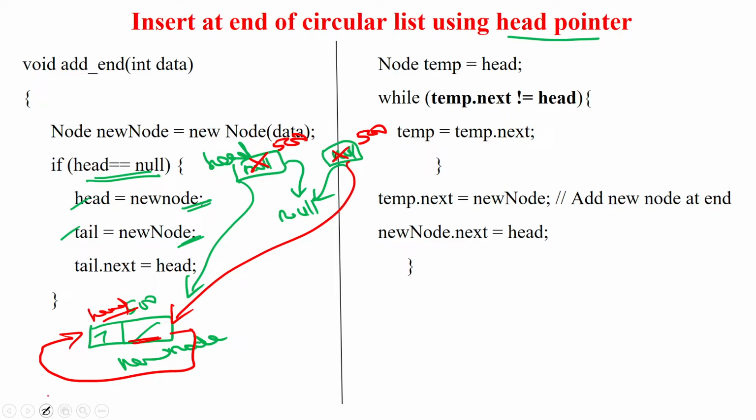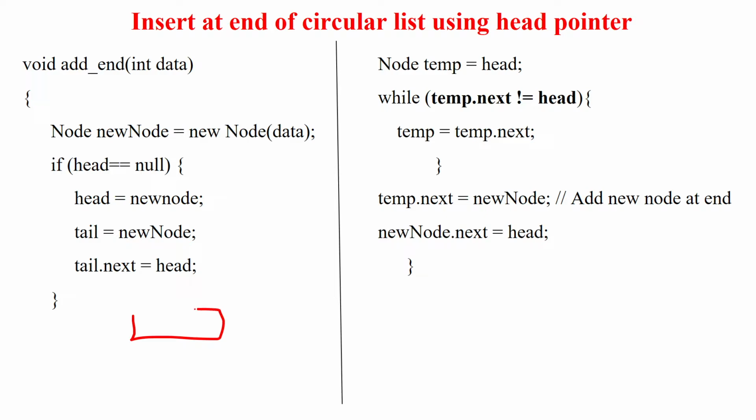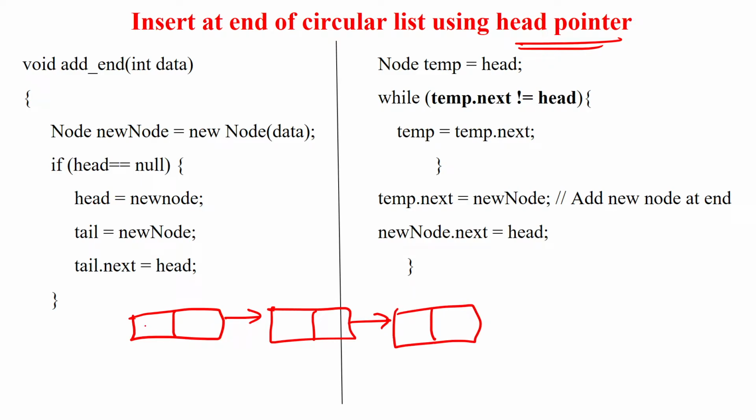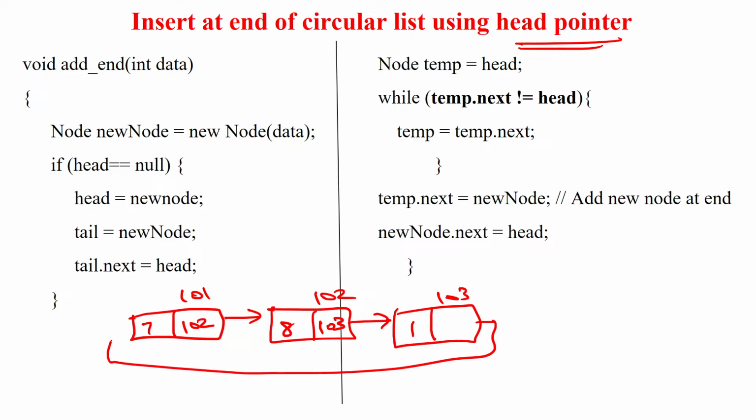But if I have more than one node in the list, and I am accessing the list by using the head pointer, then the nodes are 101, 102, 103, holding the address of the second node, the address of the third node, and the address of the head node 101. So this is the header, and I am using the header to access the list.